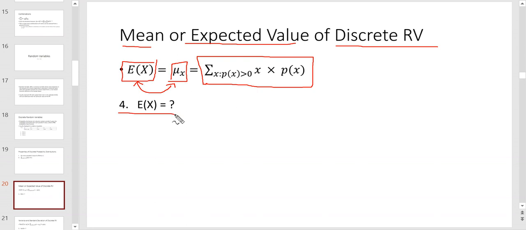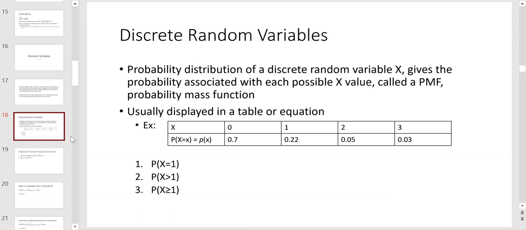So question 4, pause this video and try to get the mean of the example that we had before. So what you would do here is take 0 times 0.7, 1 times 0.22, 2 times 0.05, and 3 times 0.03. Add these up.